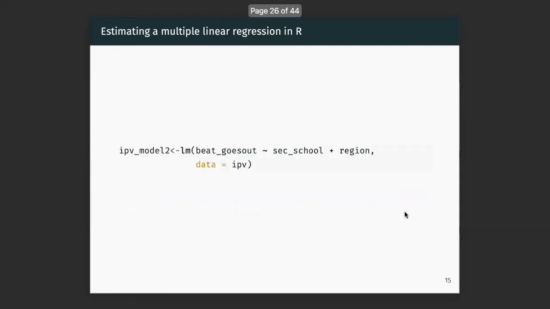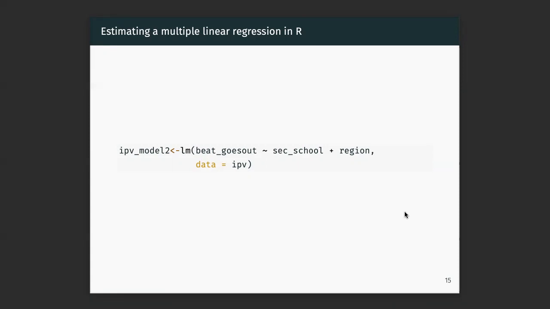Okay, so here's how we estimate that in R. It's very simple. Our first model stops here. It's A equals IPV. We just add plus region. All we do is for our formula, our y is here. Our tilde says y is a function of this variable plus this variable.